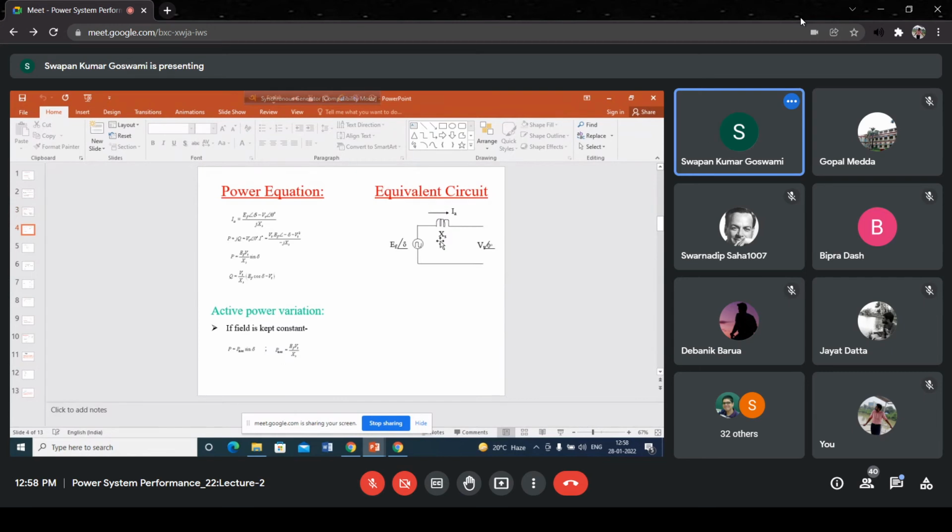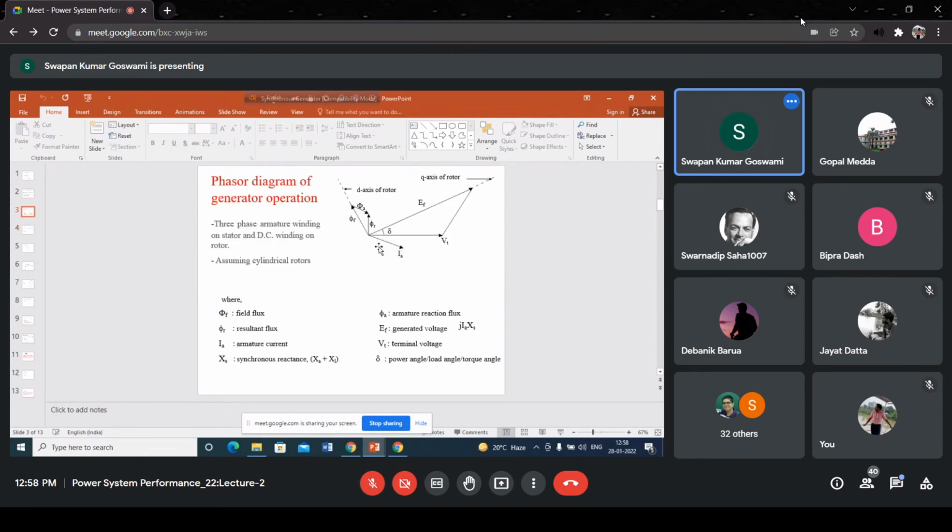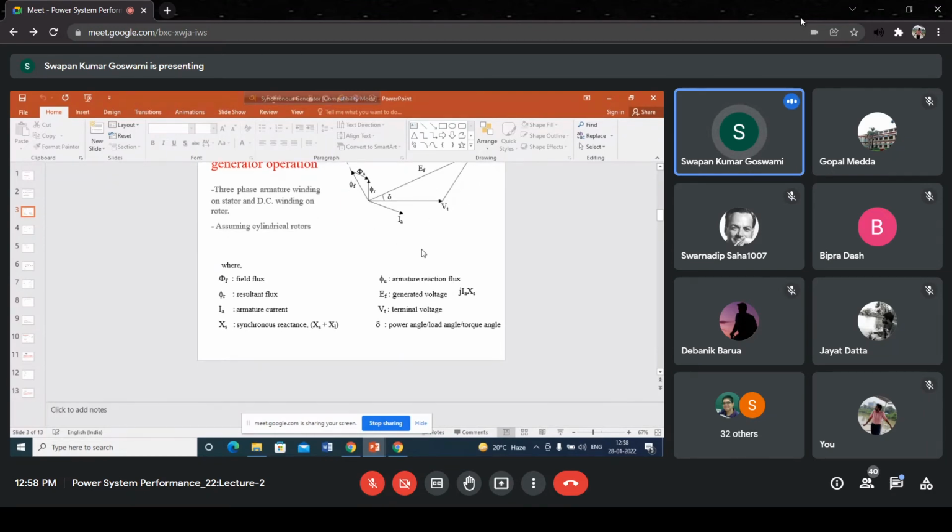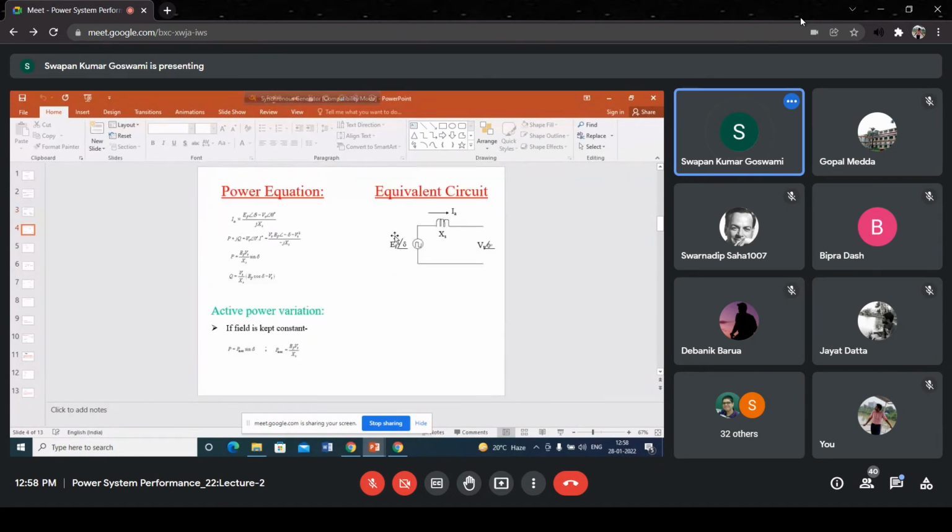Okay, now I told you to observe this part of the equivalent circuit only. From here, we shall be drawing this equivalent circuit. Here you see that in the equivalent circuit we are showing EF at an angle of delta, Vt at an angle of 0. This is the generated voltage EF, and this creates a phase angle difference of delta with respect to terminal voltage.